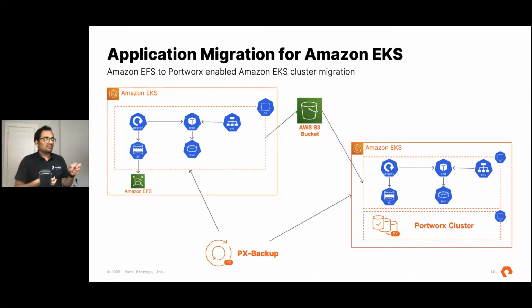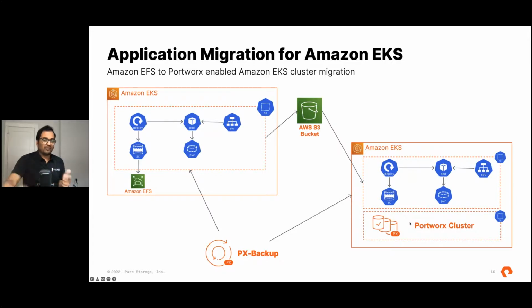We can use that to not just back up and restore to the same EKS cluster. We'll also look at how we can use that backup snapshot to migrate my application from an EKS cluster that was using EFS as the storage backend and move it to a new EKS cluster that is using Portworx as the storage backend, and how PX Backup allows you to do that.